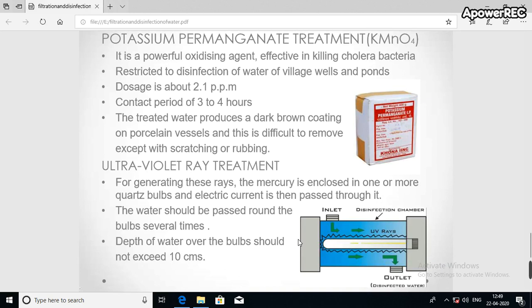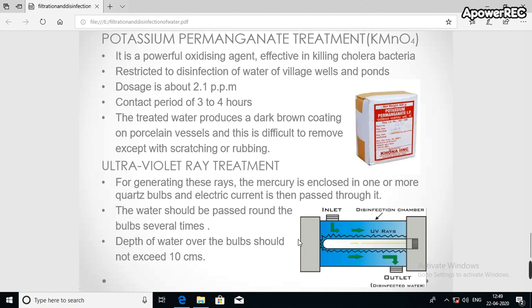People have some kind of skin diseases in the winter season, where the skin of their hands or feet peels off. In those cases, this potassium permanganate treatment is very useful. You can use it for the disinfection of water also. However, there will be a change in the color of the water, so we need to think twice before using this one.